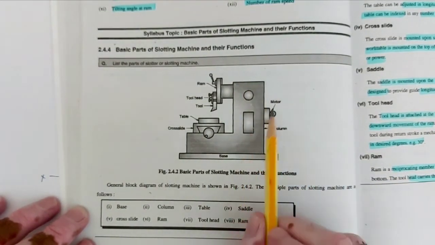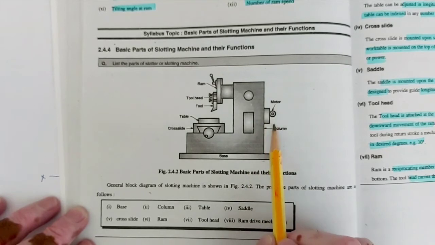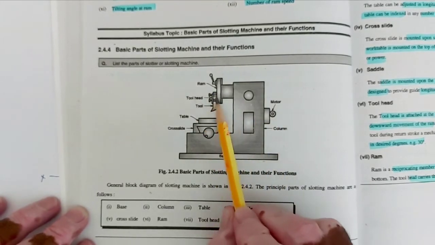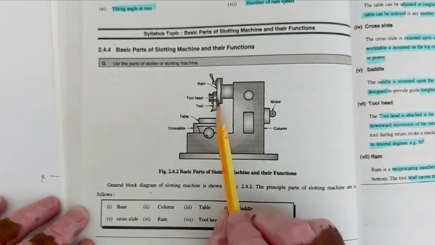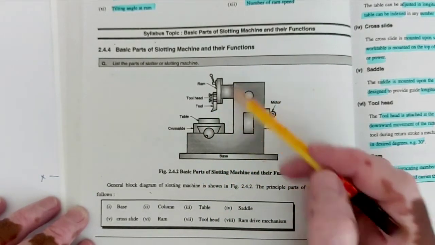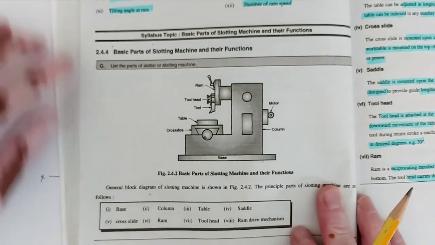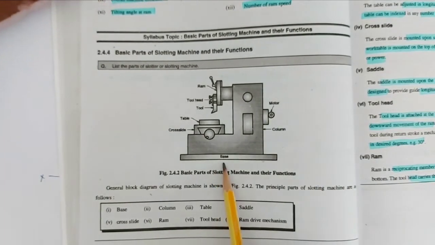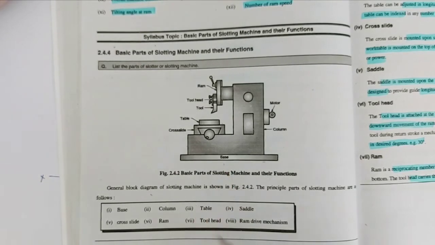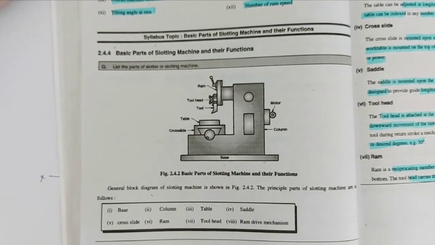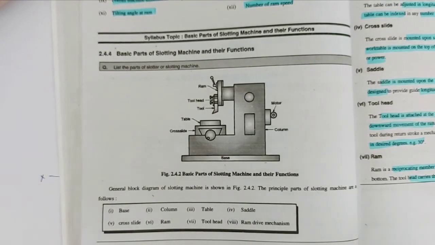You can see in the figure this column, this motor, this ram, this tool head, this tool, and this table and this cross slide. This head moves up and down. So the basic part, first one is the base. Base is heavy, strong and rigid, made from cast iron and designed to take the entire load of the machine.